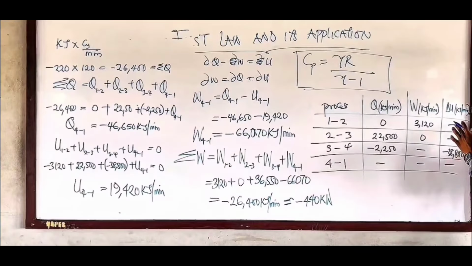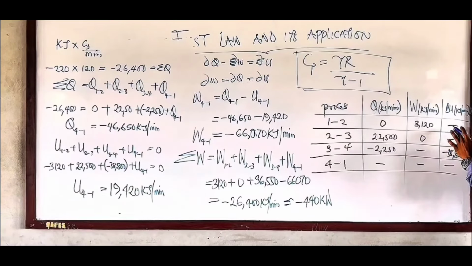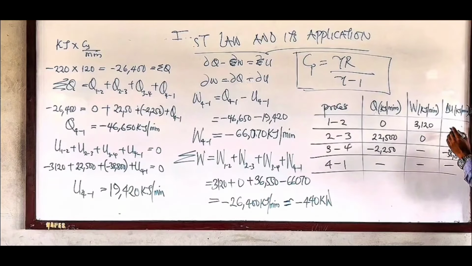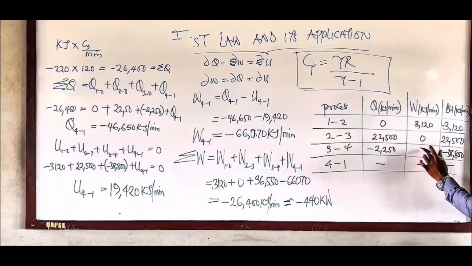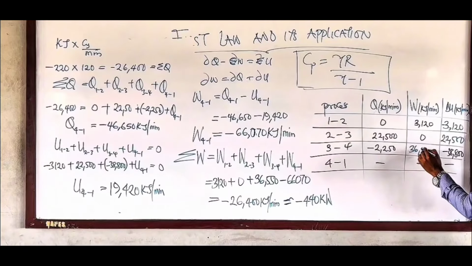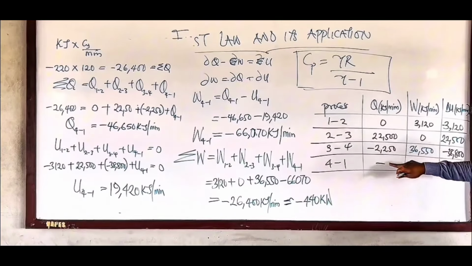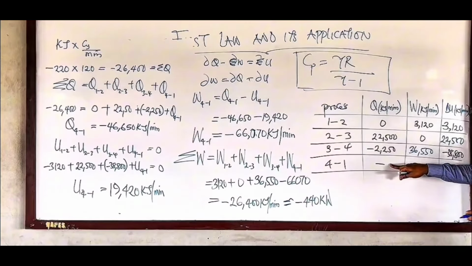So the value for this becomes 3,120. What about this? 22,500. What about this? 36,550.